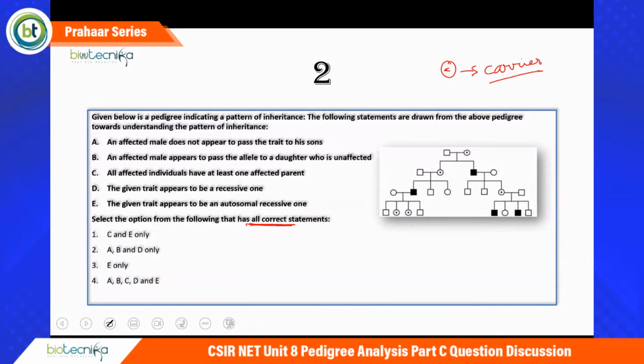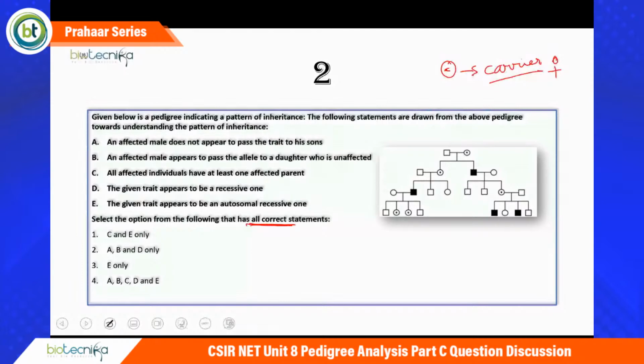A circle with a dot means a carrier female, when the causative allele is a recessive allele. A carrier is somebody who has the causative allele but does not show the expression of it.